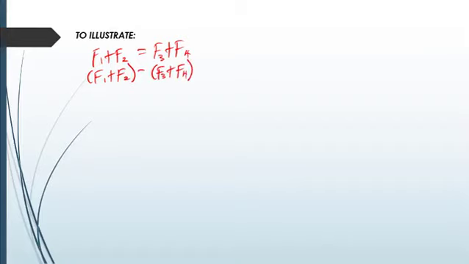To expatiate more on this, let's say F1 plus F2 is equal to F3 plus F4. We also have in bracket F1 plus F2 minus F3 plus F4, and when it is equal to 0, it means equilibrium has taken place.